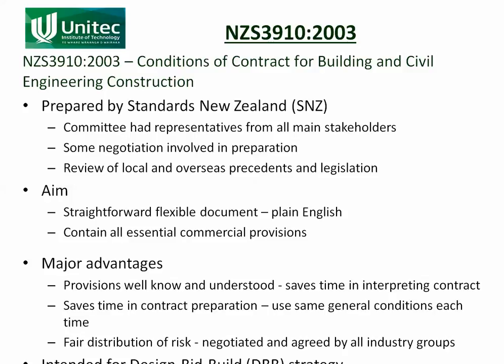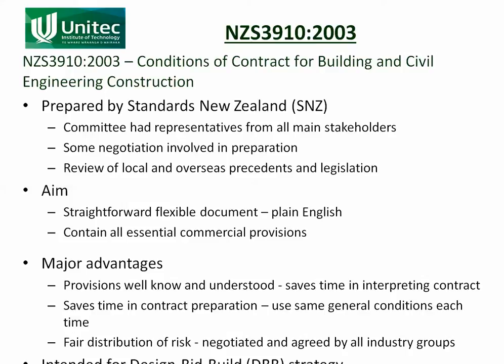So the committee had representatives from client groups such as Transit New Zealand, such as the local government organisations representing councils, such as developers organisations. It had representatives of the Contractors Federation representing contractors. It had representatives of the Association of Consulting Engineers of New Zealand representing the consultants. It also had people from insurance and banking sectors.